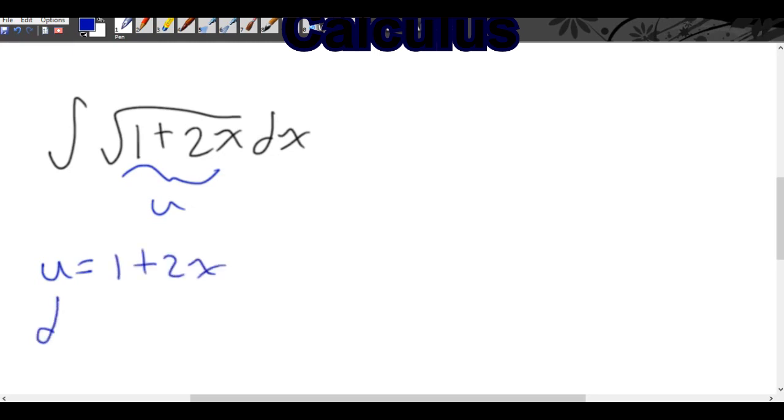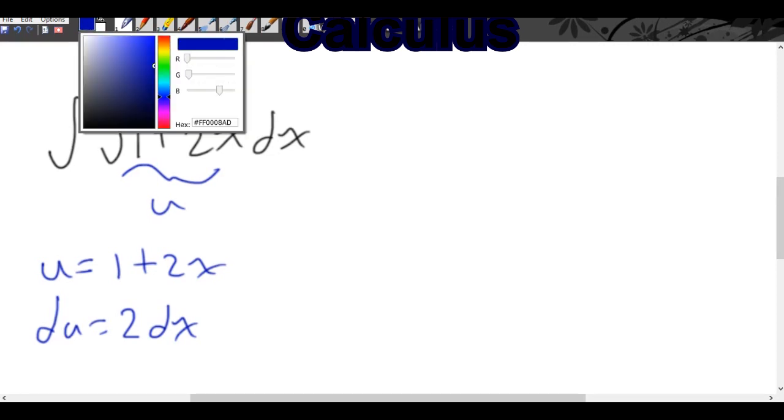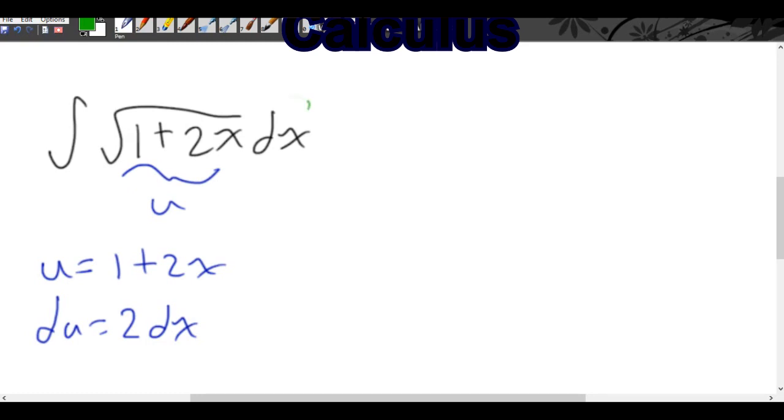Differentiating u will lead us to du. Note that we don't really have a 2 in this equation. We only have dx. So the question arises, where is this 2 going to go now? Because remember, there's no 2 around here. We only have dx.